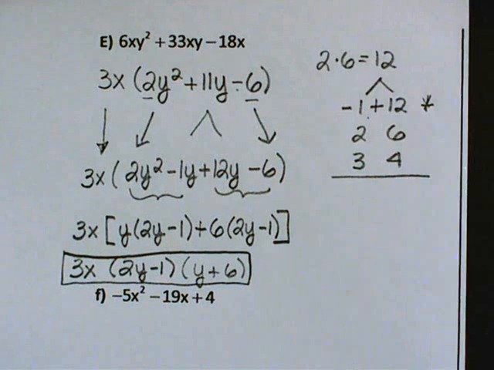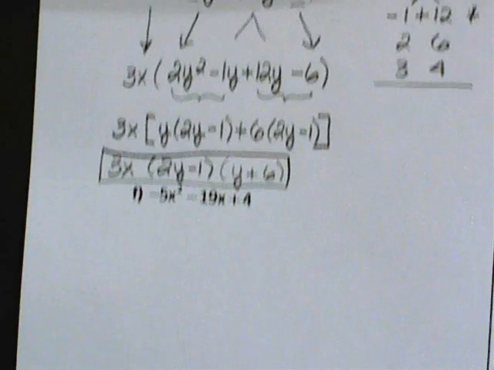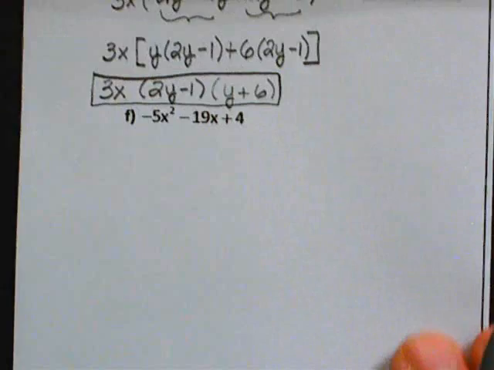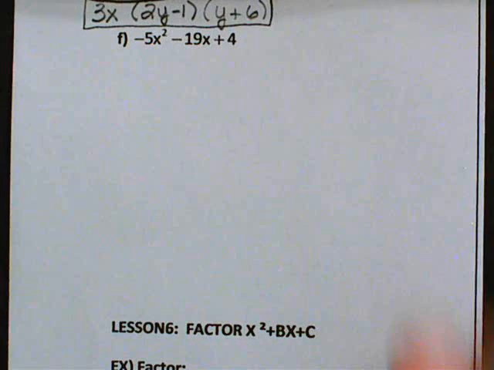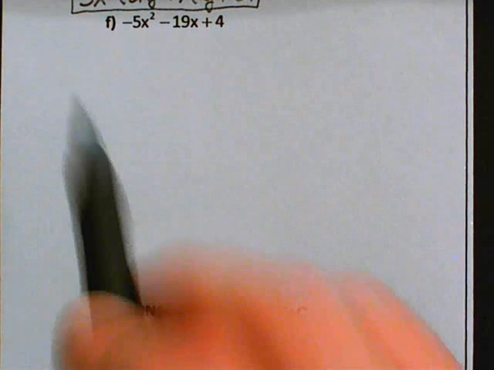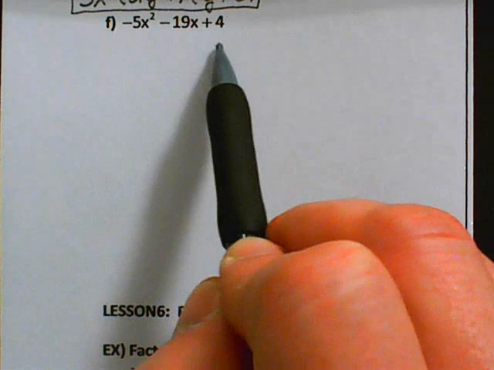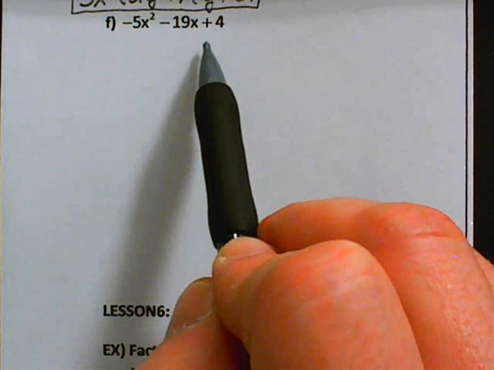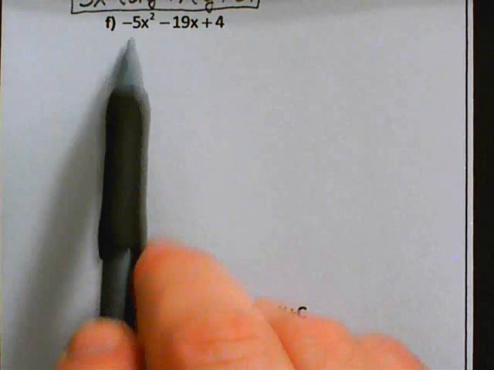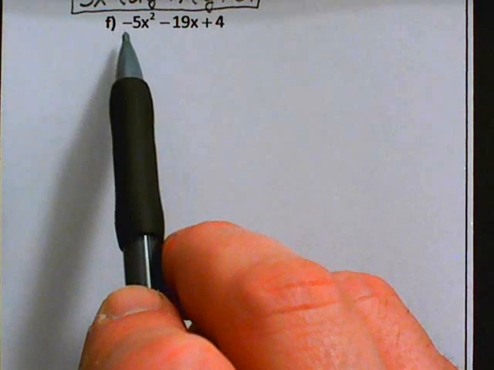Alright, now we're ready to tackle letter F. Okay, again, as always, ask yourself, can I factor anything from all three? The answer is no. Now there's something different than the previous problems here, and that is the presence of a negative sign in front of the very first term.